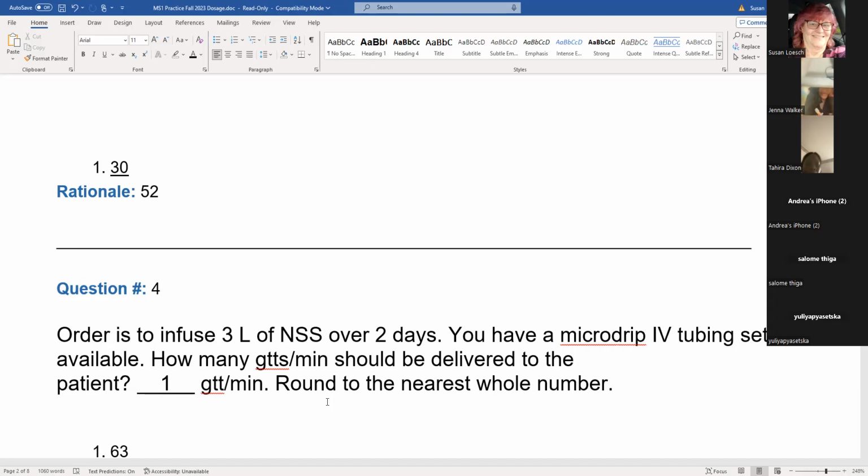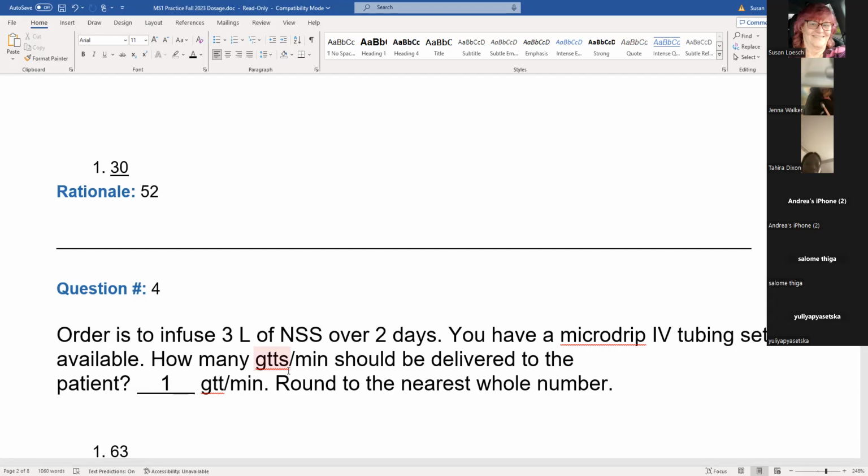So that's your formula: total volume over total time in minutes times the drop factor, always a whole number. If I didn't put this there and you didn't give me a whole number, I would mark it wrong, because that's part of the formula and you should automatically know that. You can't get part of a drop. What's the name of this formula?